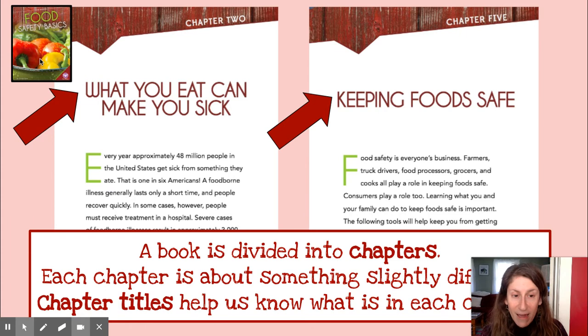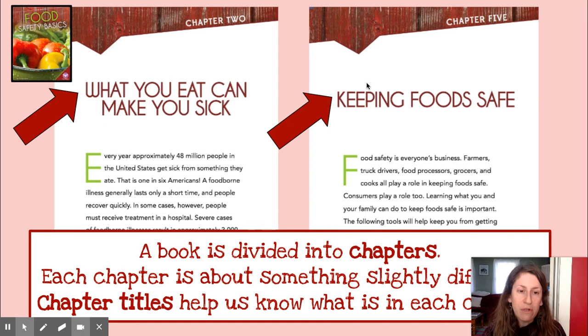A book is then divided into what we call chapters. So if you remember, here's the book, Food Safety Basics. Now, inside of that book are two different chapters called What You Eat Can Make You Sick, and a different chapter called Keeping Food Safe.